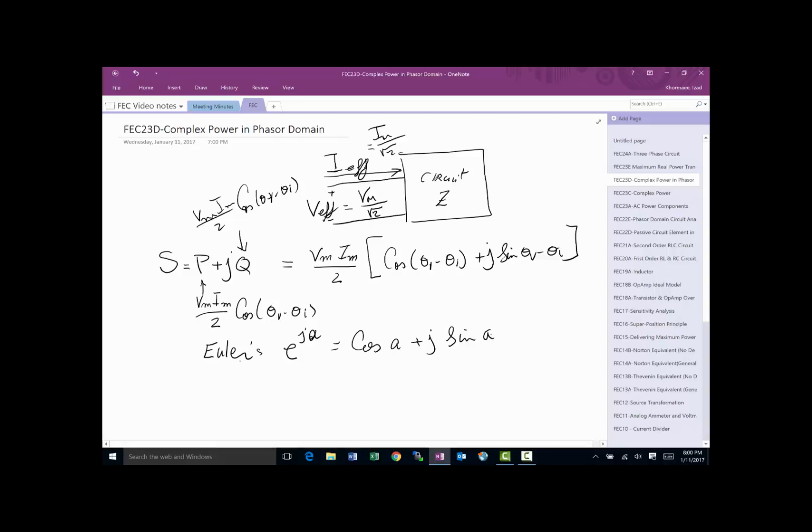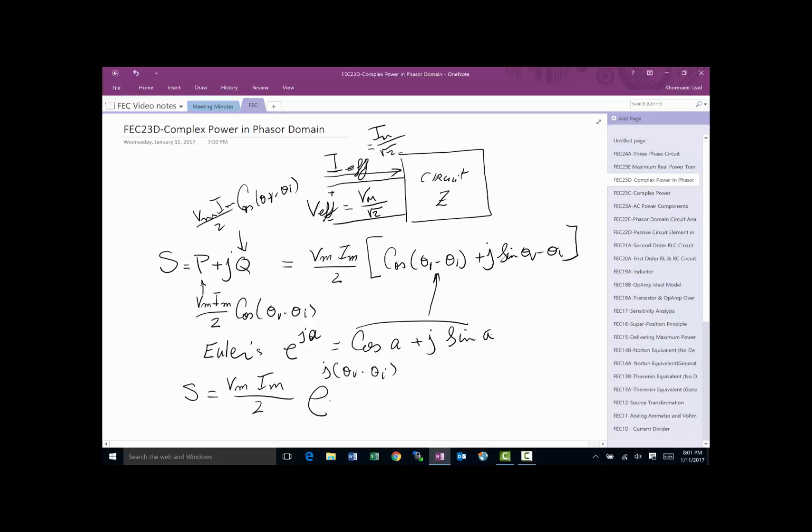So we can write S as Vm Im divided by 2 times e to the j (theta v minus theta i).